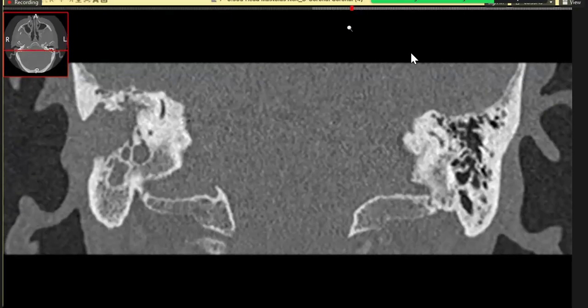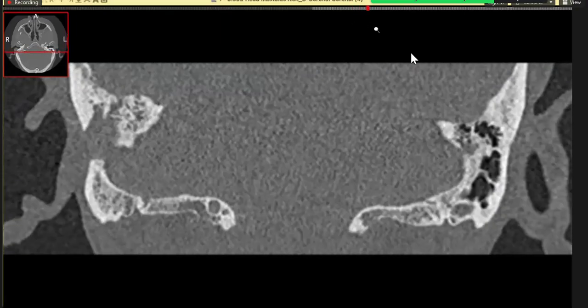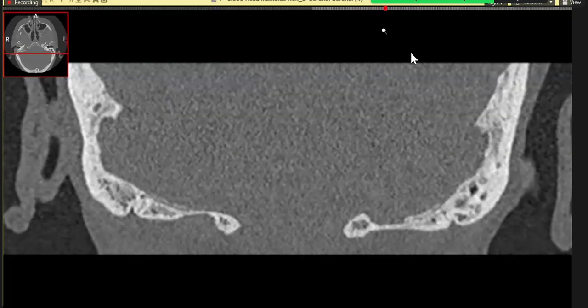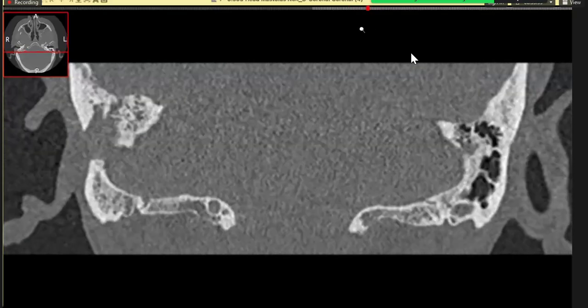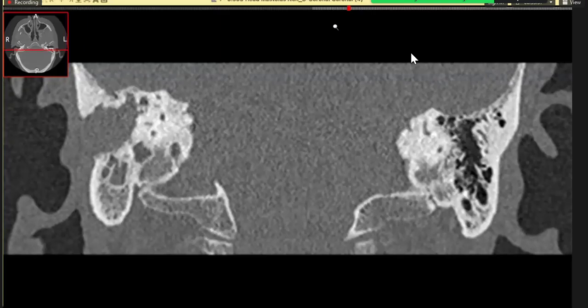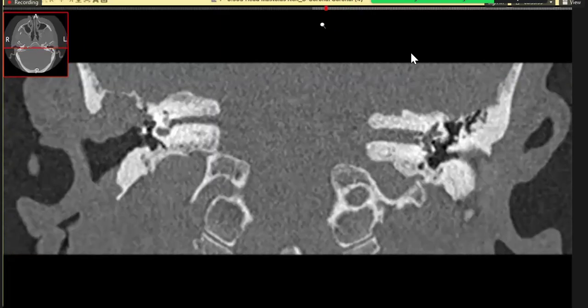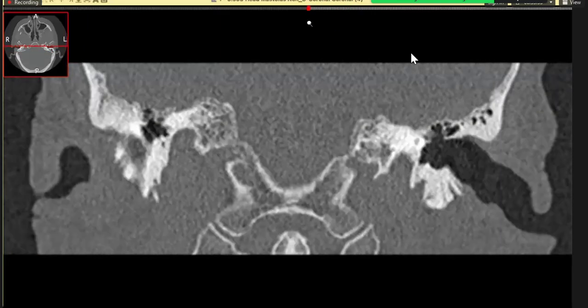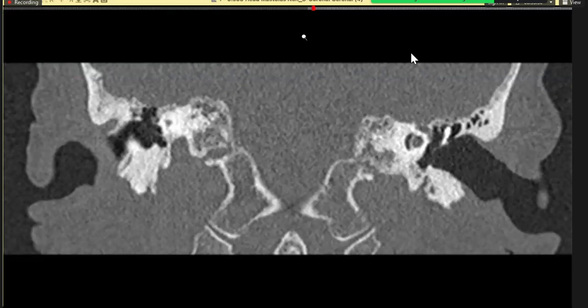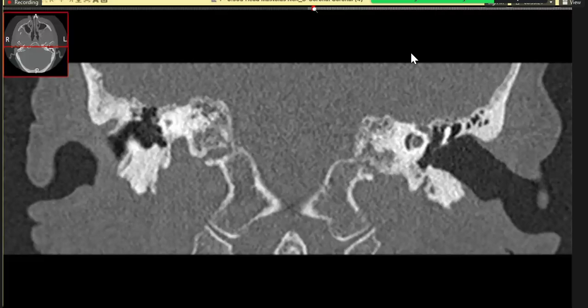There is irregularity of the tegmen tympani. Where is the irregularity? Show me. So this part appears irregular. That can be normal.